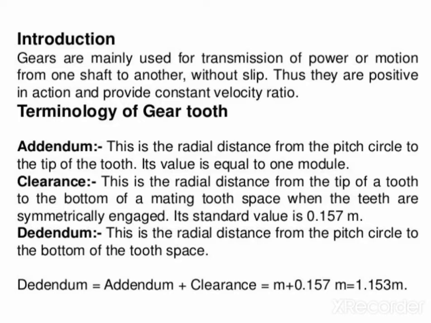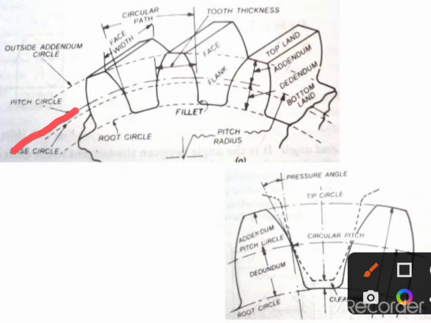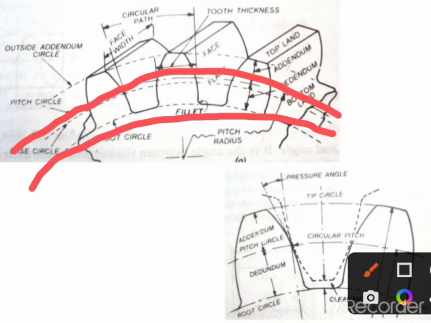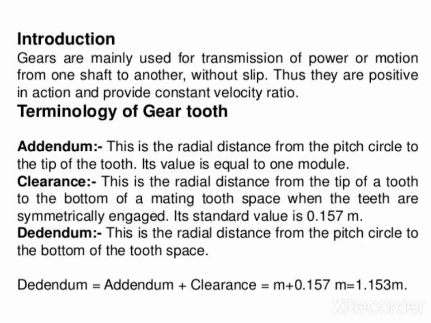Similarly we will see dedendum. Dedendum is the depth of tooth below the pitch circle, whereas addendum is above the pitch circle. Here we can see this is the pitch circle, then this is the dedendum circle, and this radial distance is nothing but the dedendum. It is the radial depth of the tooth from the pitch circle to the root of the teeth, or dedendum circle.